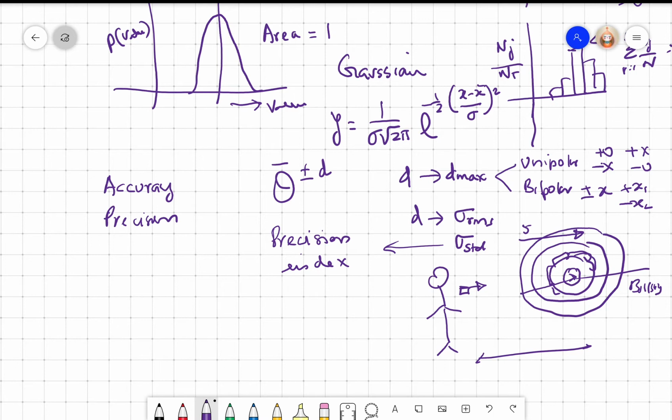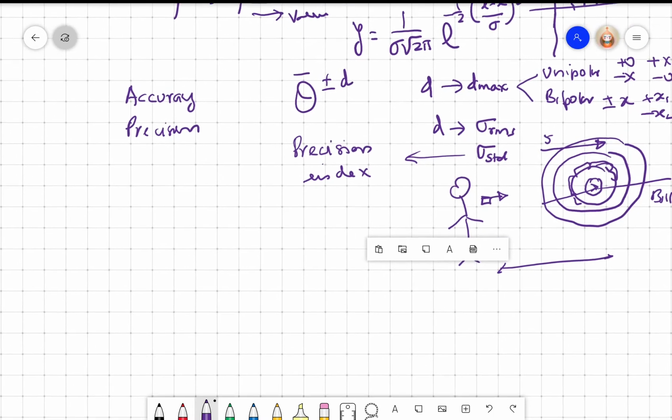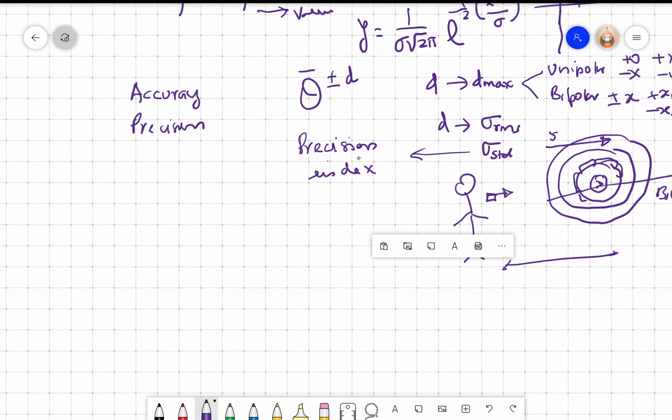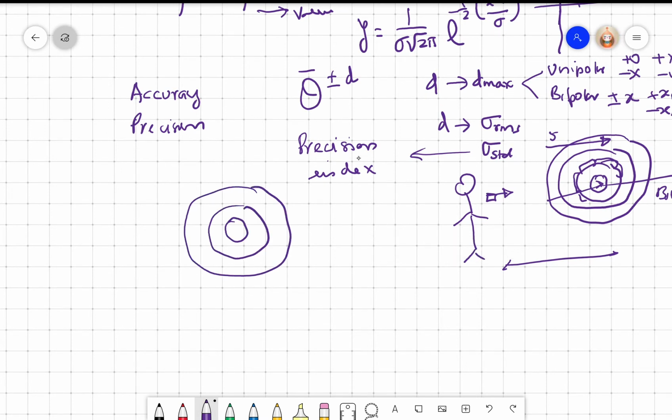So it shows you how is your aim in throwing arrows. Now if I look at this dartboard, let me simply say that I have 4 arrows continuously thrown.